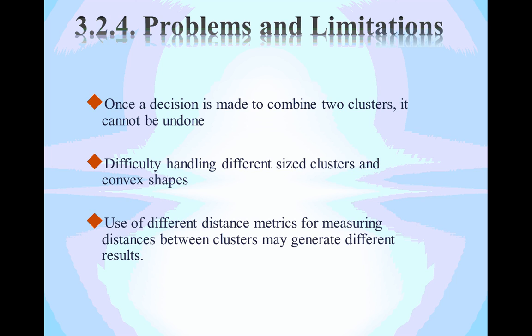So for this method, there are also some problems and limitations. First, once the decision is made to combine two clusters, it cannot be undone. If you combine two clusters by mistake, it is not easy to go back to the previous step. It is also difficult to handle clusters of different sizes and convex shapes.